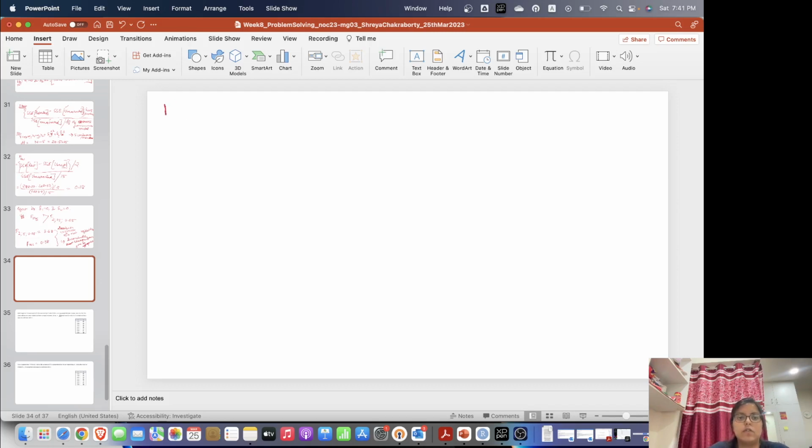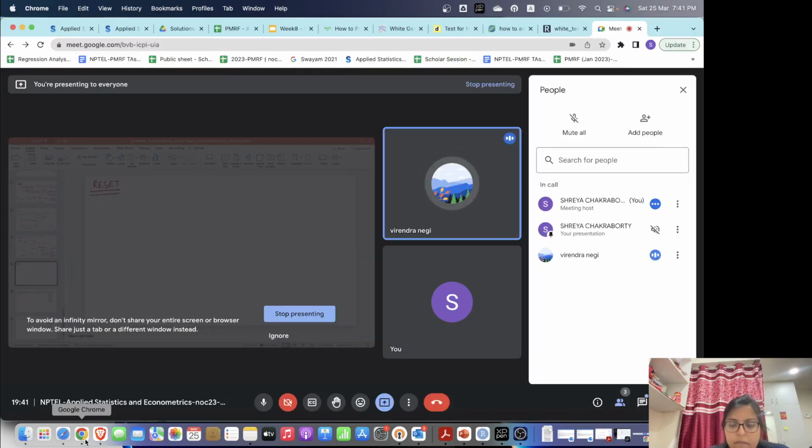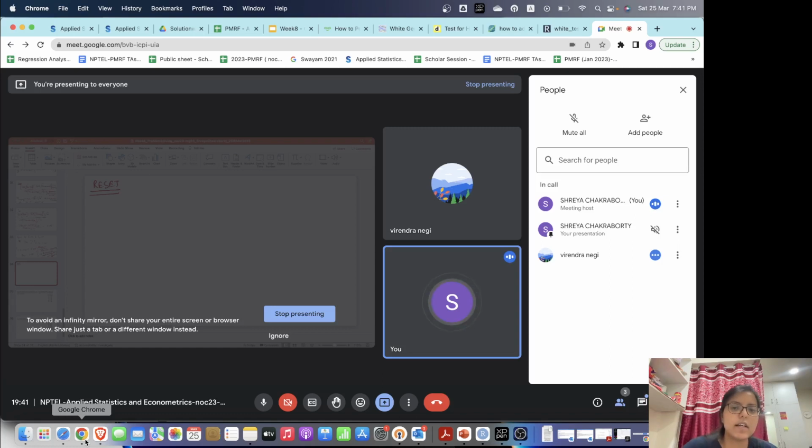For this Ramsey RESET test, the value of the SSE will be given, I think, because otherwise calculating it is a little challenging in the examination hall. I'm just showing you how it is done, and if these values are provided, hopefully you will be able to solve the problems.